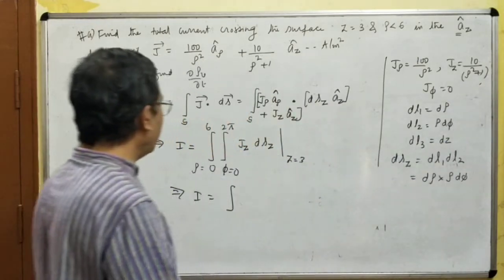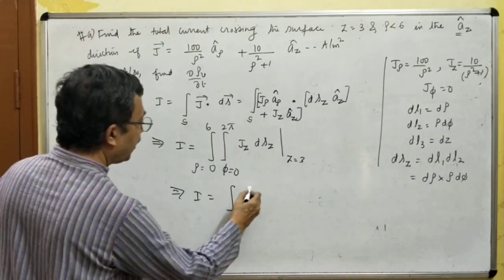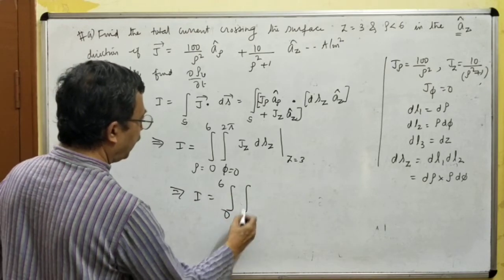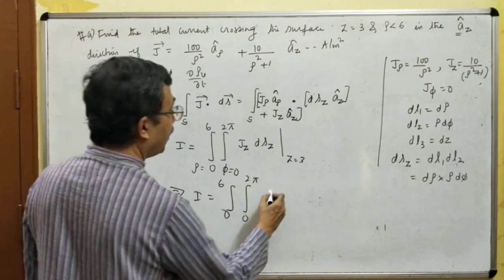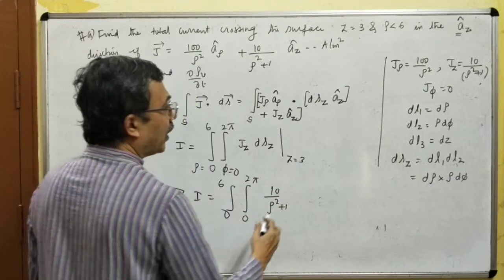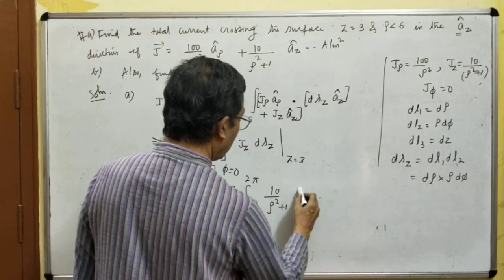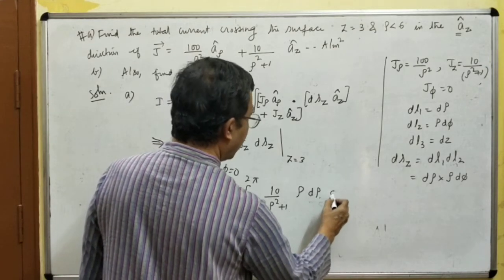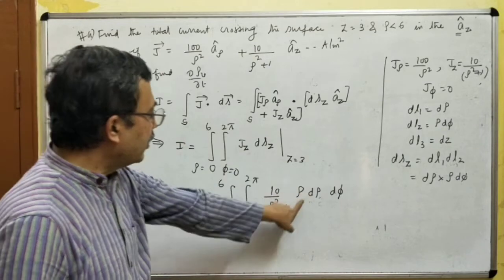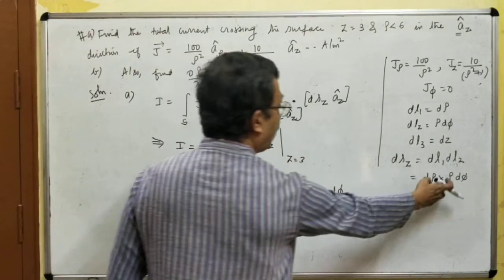So this is the double integral of Jz dsz. Rho varies from 0 to 6, phi varies from 0 to 2 pi. Jz is 10 divided by rho square plus 1, and dsz is rho d phi, which I have copied from here.